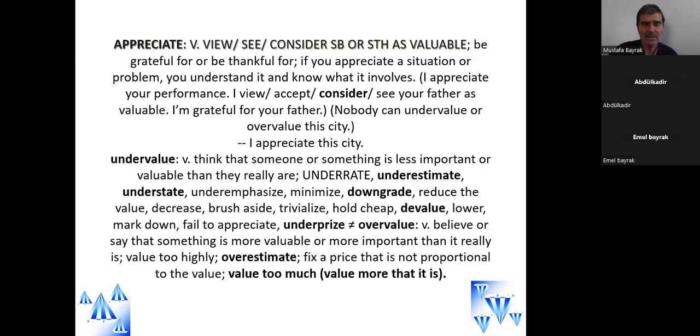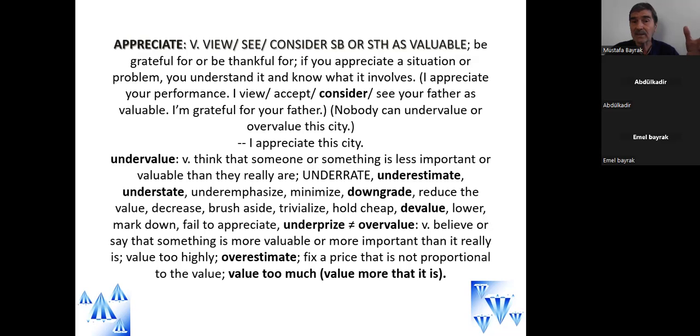Yes, undervalue. What is undervalue? Think that someone or something is less important, although they are important. It is negative. It is ignoring the value. Think that someone or something is less important or less valuable than they really are. In fact, they are really important and valuable.